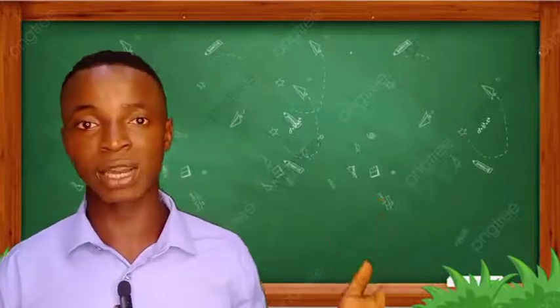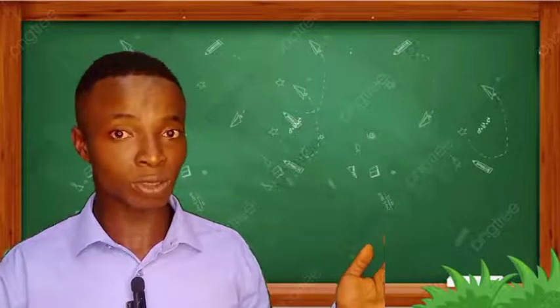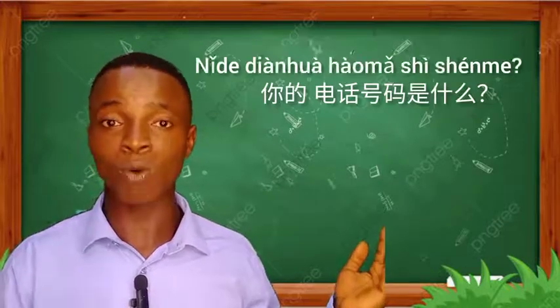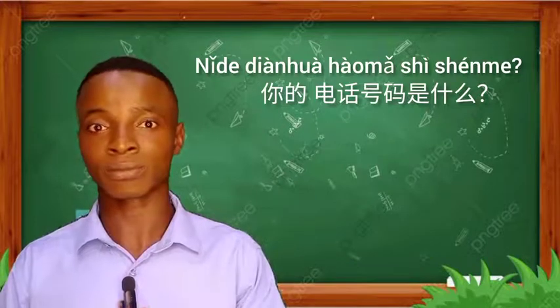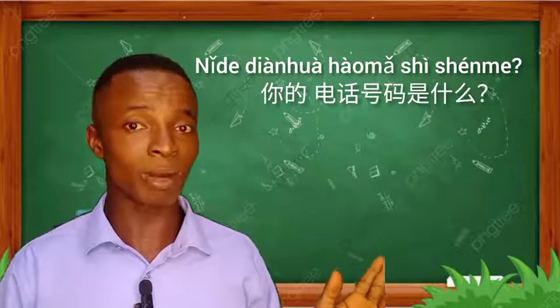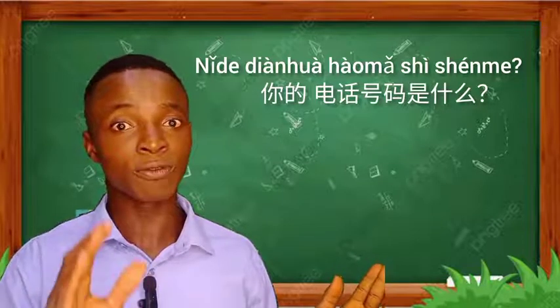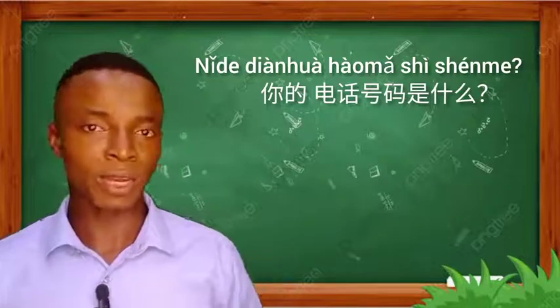So changing that question word, what is your phone number becomes your phone number is what? 你的电话号码是什么？ Now, 你的电话号码 is your phone number, 电话号码 is phone number, 是 is, 什么 is what.